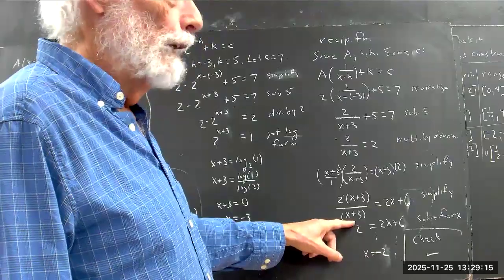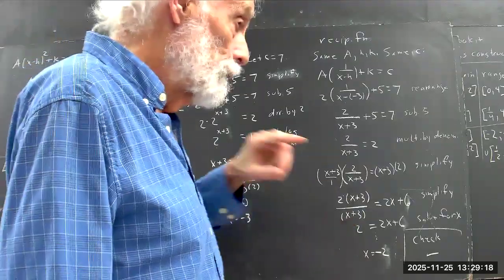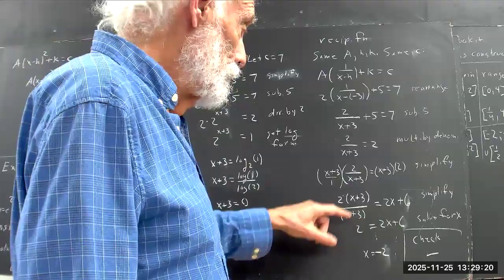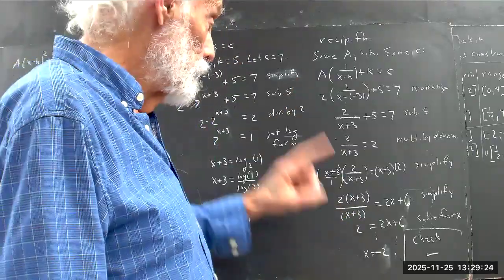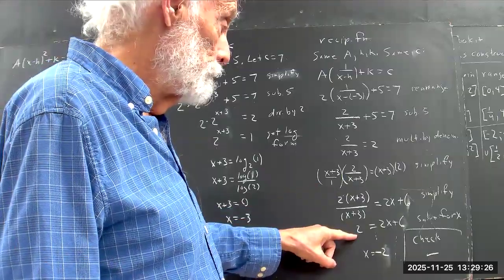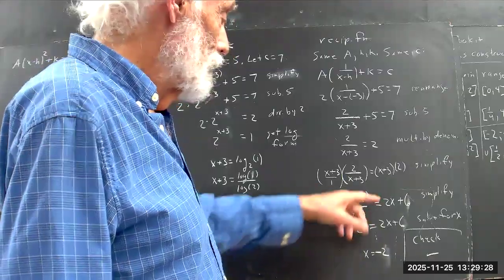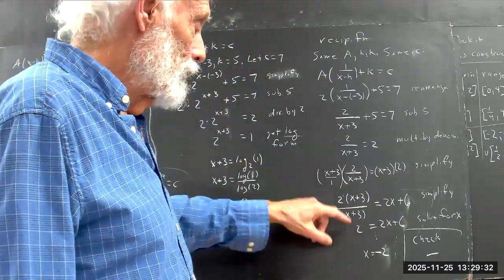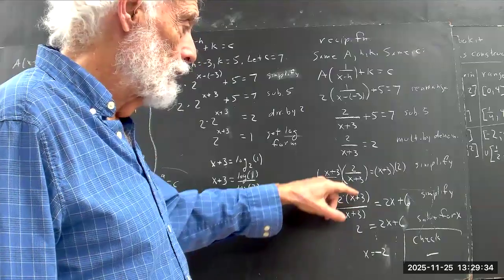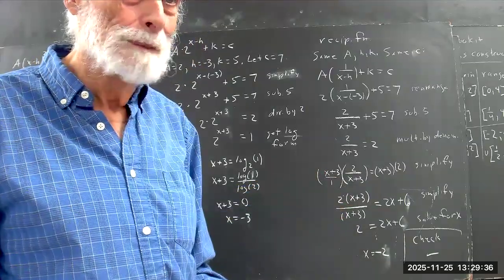Now, 2 times the quantity x plus 3 over x plus 3. X plus 3 is a factor of the denominator, and it's a factor of the numerator. So we can divide this x plus 3 by this x plus 3. Gives us 1, so this just simplifies to 2. And you can say those things cancel. I don't like it because people do it wrong. You have to understand it's a factor of the denominator and a factor of the numerator.